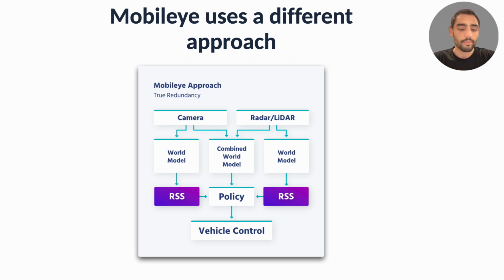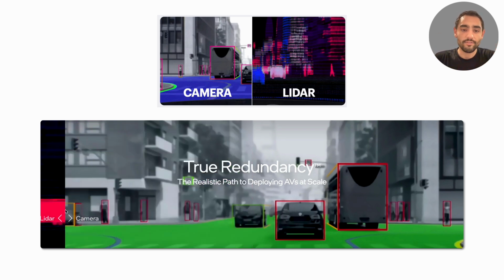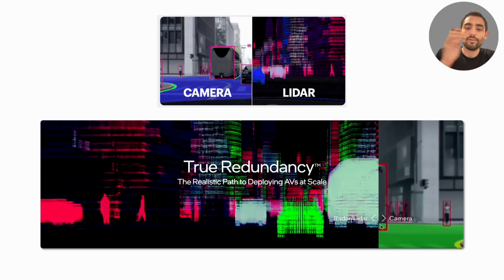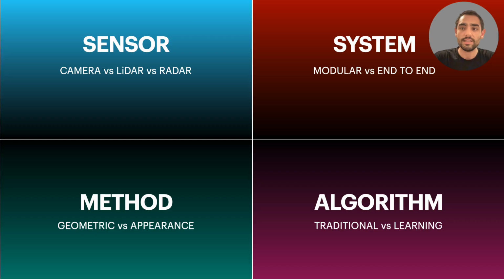So it could be identified as some kind of late fusion, but it's more like a combination of outputs or a voting majority system that's going to decide, and that is redundancy, okay? So when you have camera and LiDAR, let's say these are two good sensors, and when you have true redundancy, you don't have just a fusion of this, you have these two actively working, and then these two either confirming or contradicting each other.